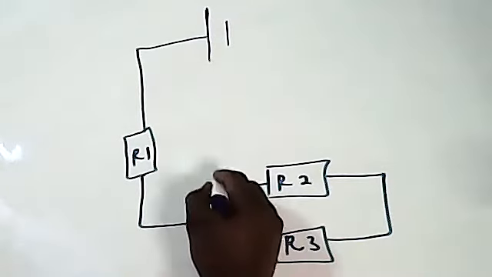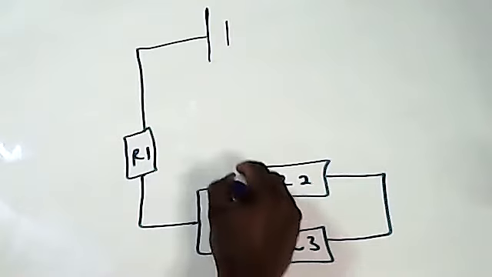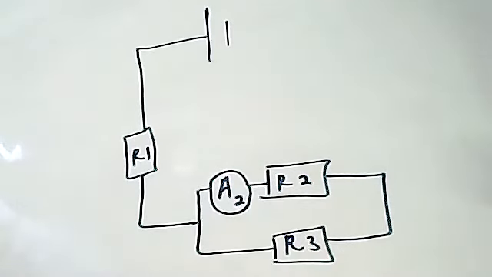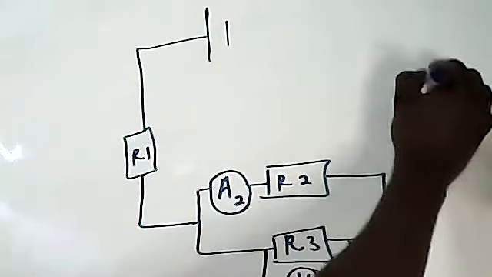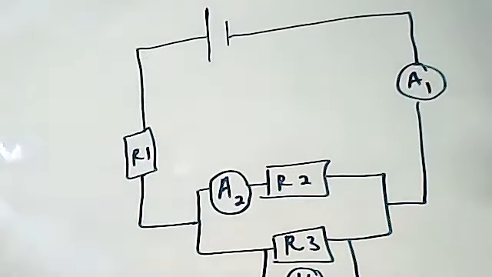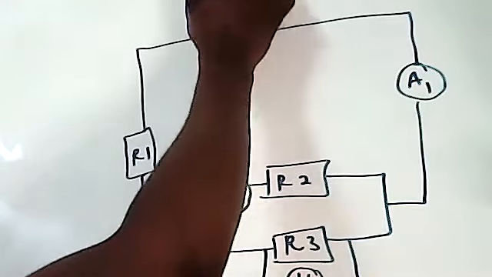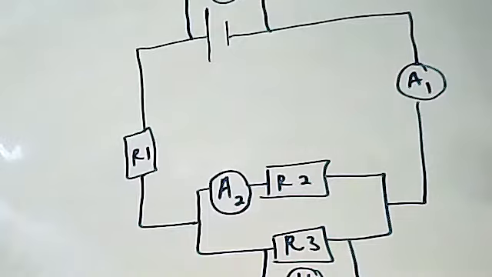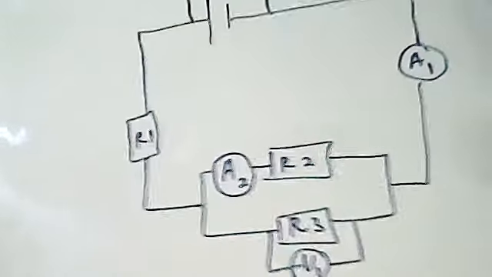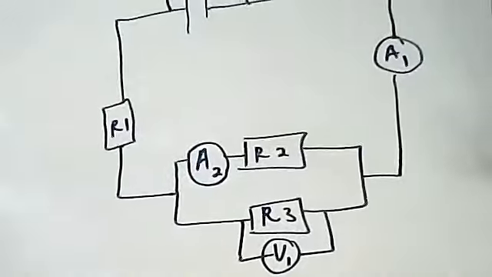Here we have ammeter 2, V1 connected across this one, and the whole thing is A1, right? So here we have V2, right? I know you can see the whole thing.